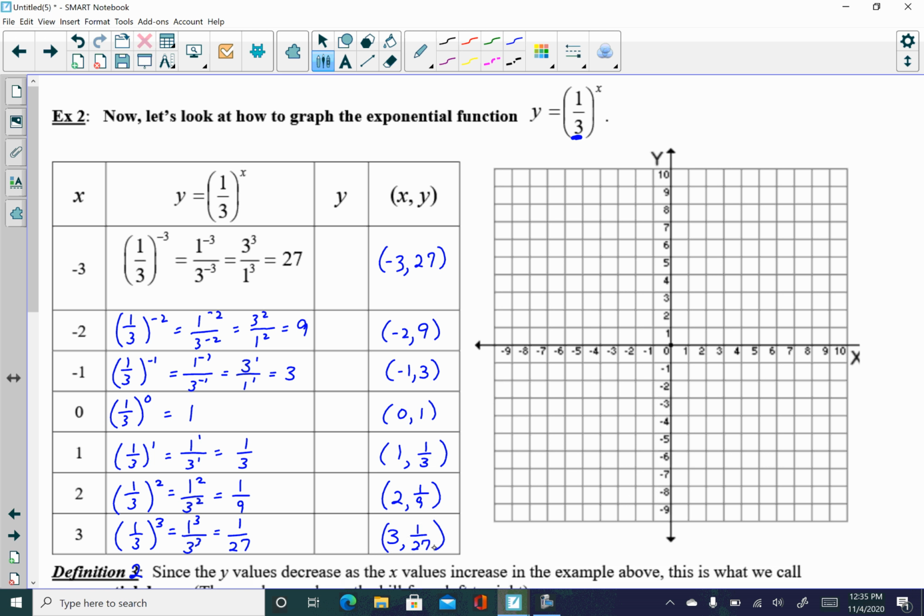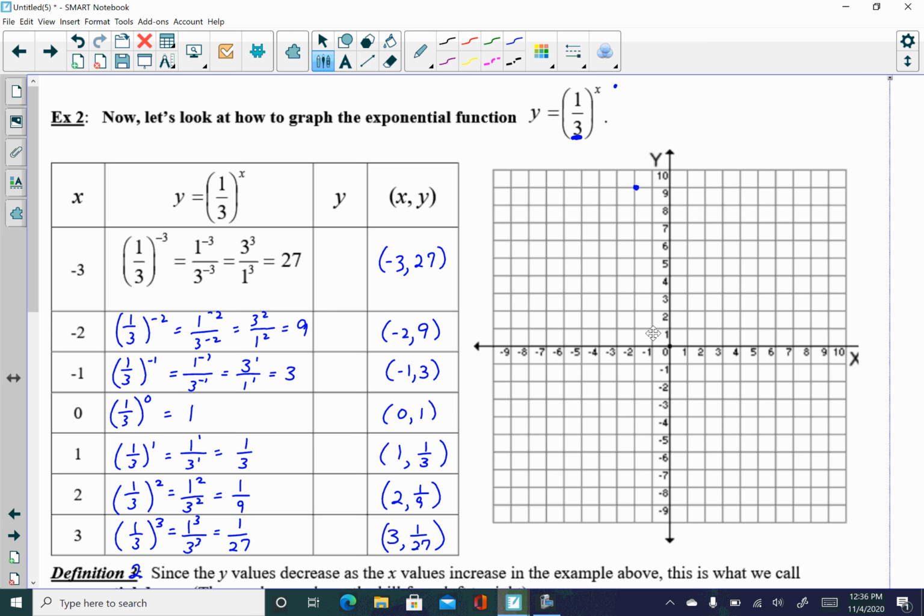Now let's plot -3, 27. So again, this is way off the chart up here. I'm just going to guesstimate. I'd have to go double what I have right here, so I wouldn't be able to even do this justice. -2, +9. Okay, you can start there. -1, 3. 0, 1. 1, 1/3.